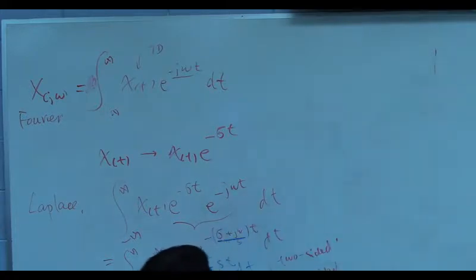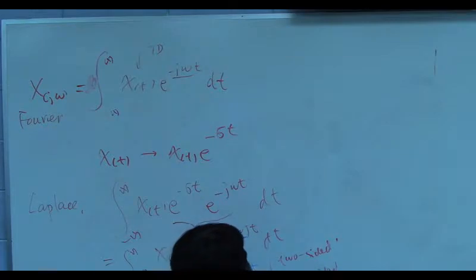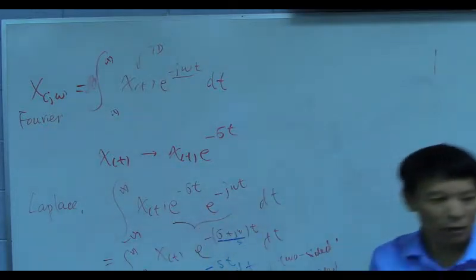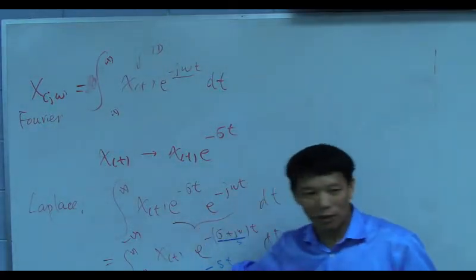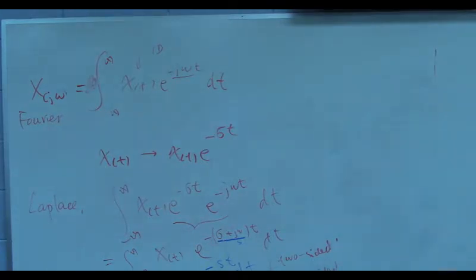So this integral goes from 0 to infinity of x(t) times e to the negative st, then dt. So instead of negative infinity to positive infinity, we only evaluate from 0 to the right. That is called one-sided Laplace transform. Based on different situations and applications, sometimes we want one-sided, sometimes two-sided, and sometimes one-sided and two-sided are the same.